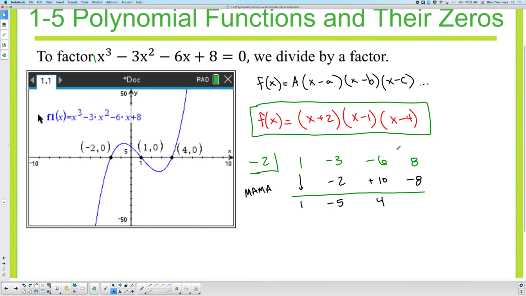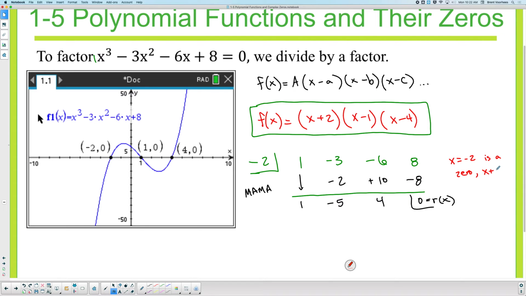If it's a 0, your last number should always be 0. Is it? This is what we call in division the remainder. Do you remember that remainder? We're going to call it r of x in my class, just meaning the remainder, because it sometimes could be a function. So 0 is r of x. If you get 0 there, this is a factor. This means x equals -2 is a 0.